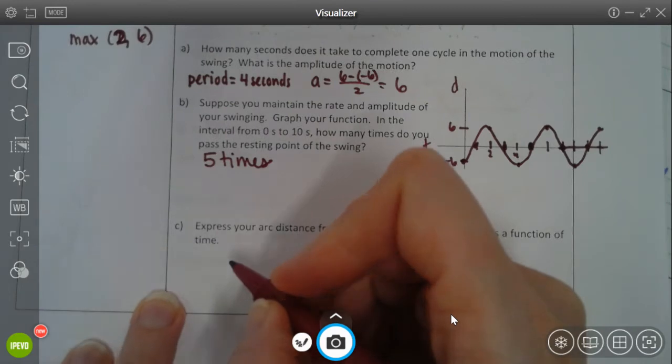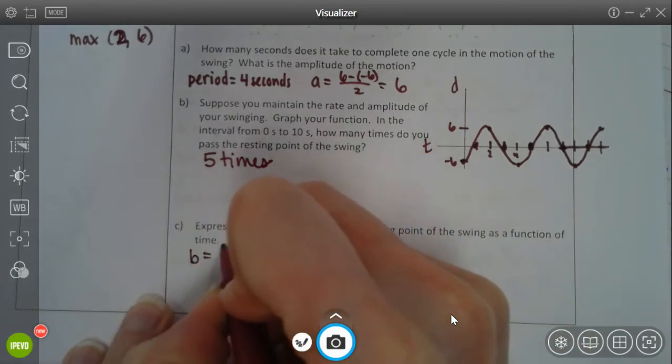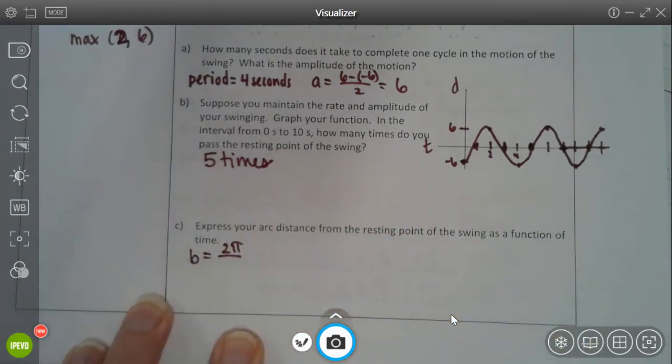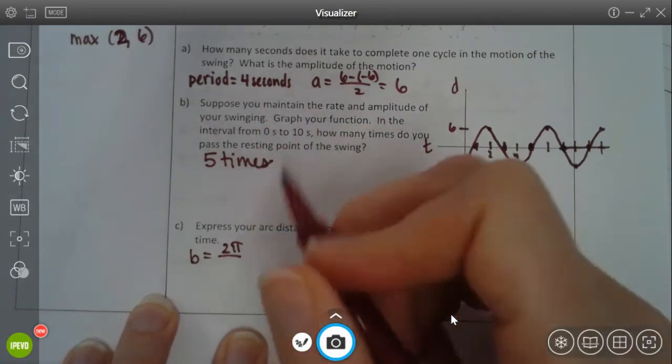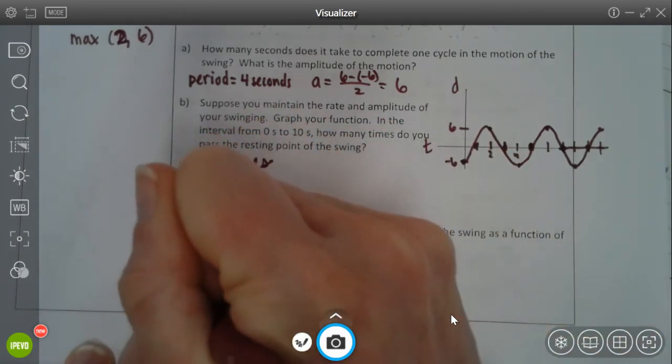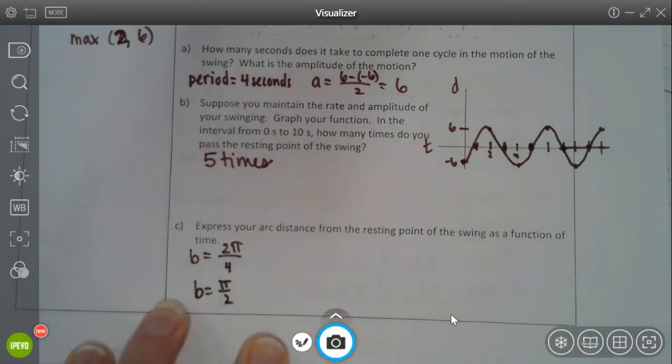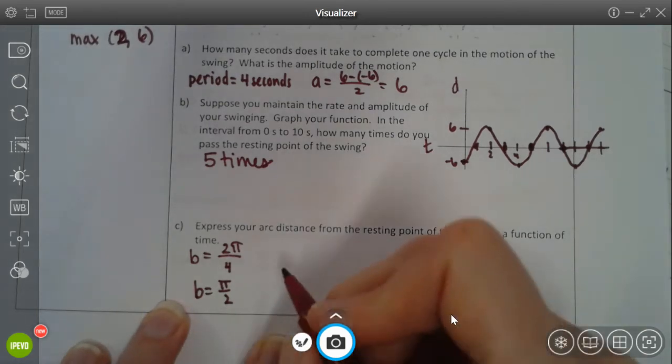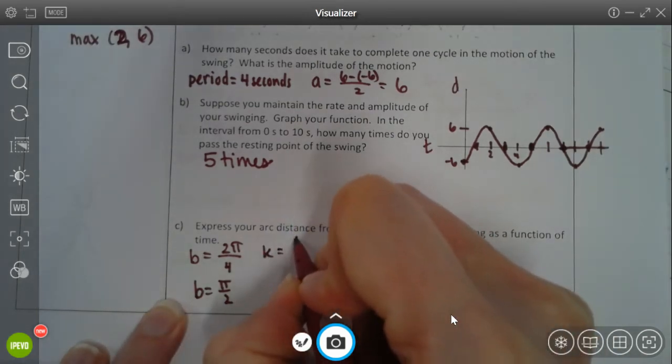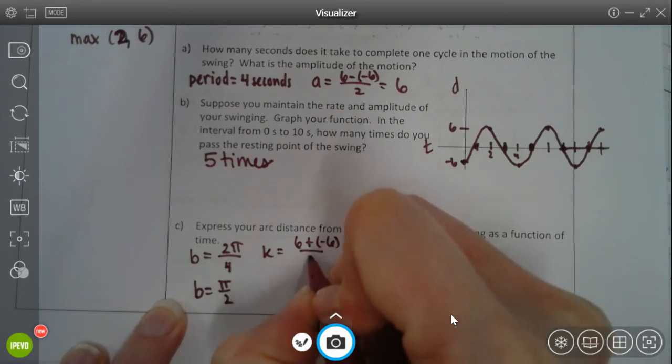So my B value is going to be 2 pi, because that's a traditional period, divided by the period that we have, which was 4 seconds. So my B value is going to be pi over 2. My K value is the average of my max and min values. So my K value, I'm going to average that 6 and that negative 6.